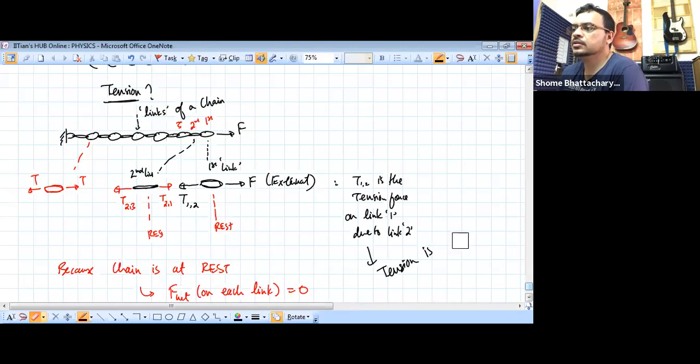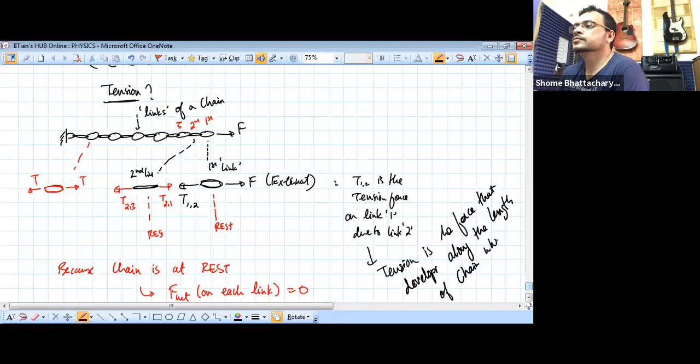So in this example, tension is the force that develops along the length of the chain when it is stretched. So what type of force I'm talking about along the length? The interaction force between the links. The moment the chain is stretched, each link is pulling back on the next consecutive link with a force which is along the length of the chain. That force is what we call the tension.